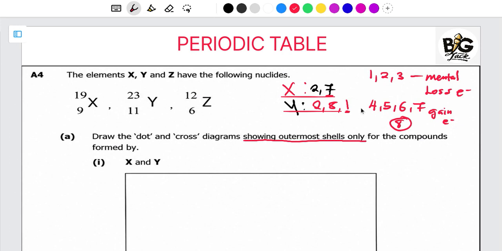Then again, the number of electrons that an element needs to gain, or is going to lose, to be stable determines the valence. So this one needs 1 electron to be stable, and for this one to be stable, it needs to lose 1 electron. Meaning the valence of x is 1, the valence of y is 1.